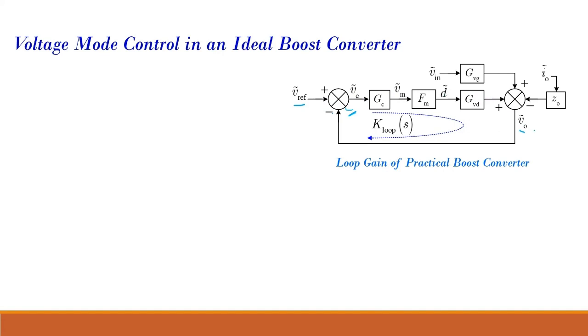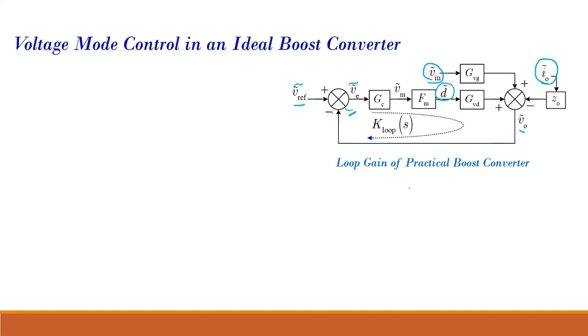And the output voltage is composed of three parts. One is the component of output voltage due to my duty ratio. Another is the component due to my input voltage. Another is the component due to my load current. If you see, all these are perturbed; the tilde indicates a perturbed quantity.